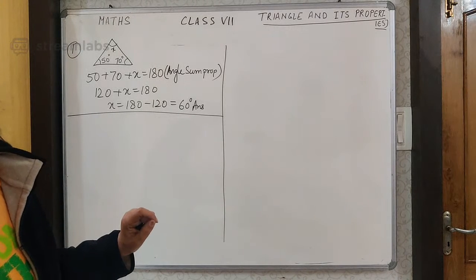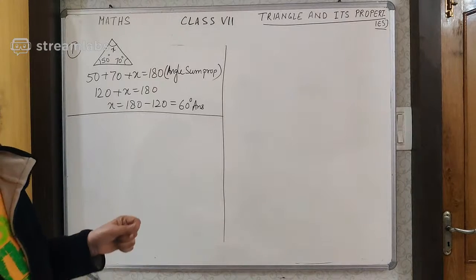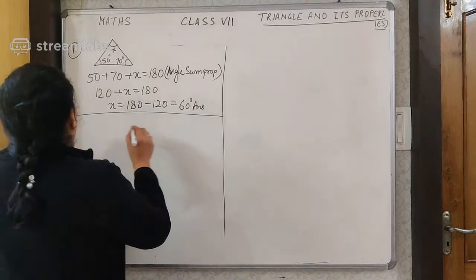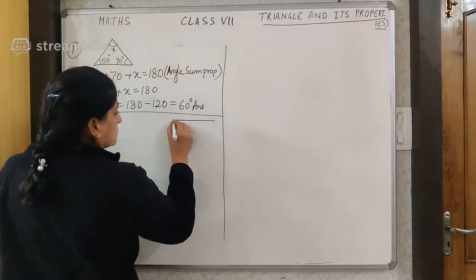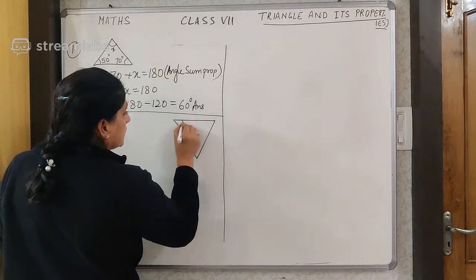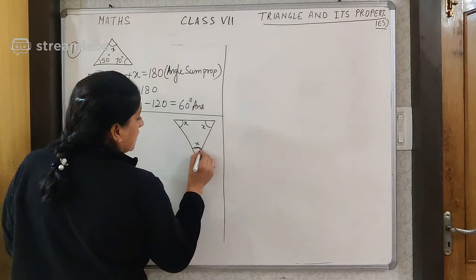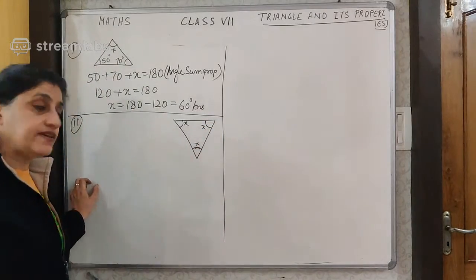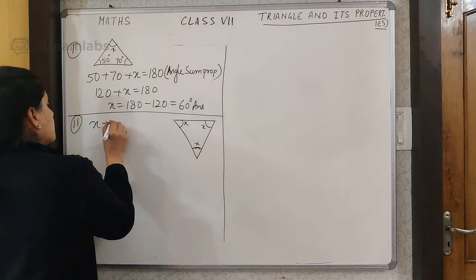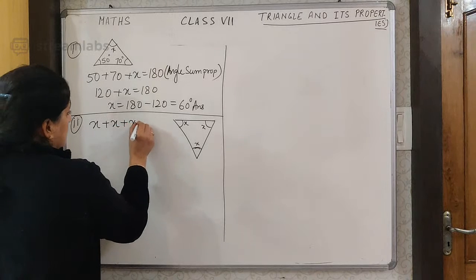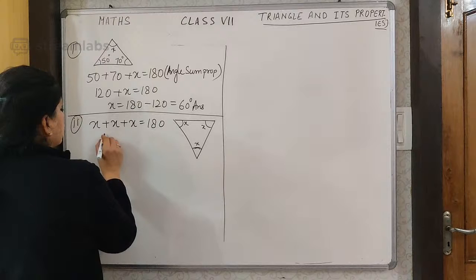Then I'll take one more question. It is given x, x and x. And we have to find x again. Very simple. Three angles. The angles are x plus x plus x is equal to 180. Why we have written it 180?